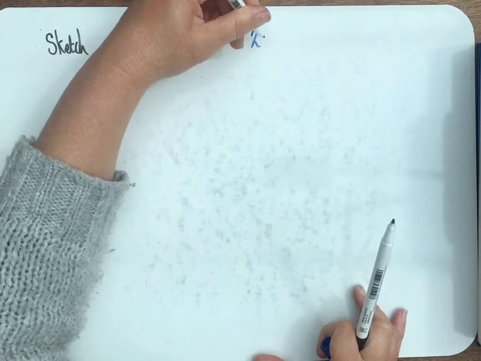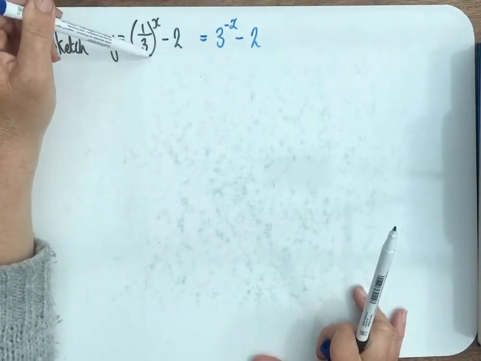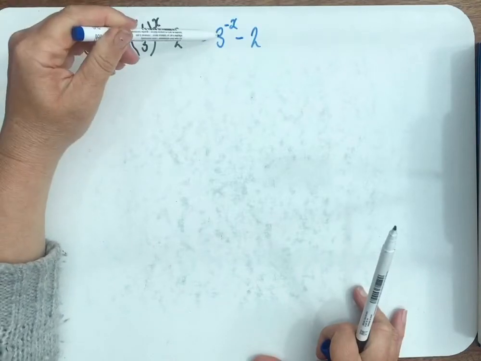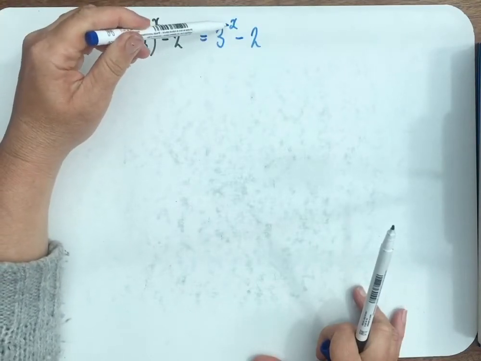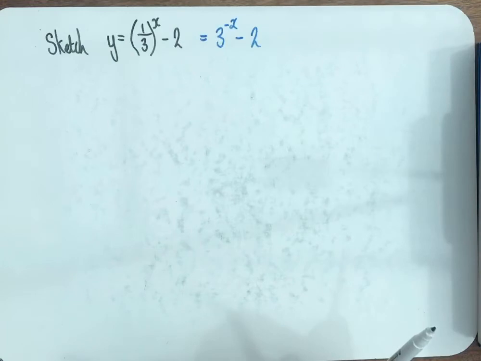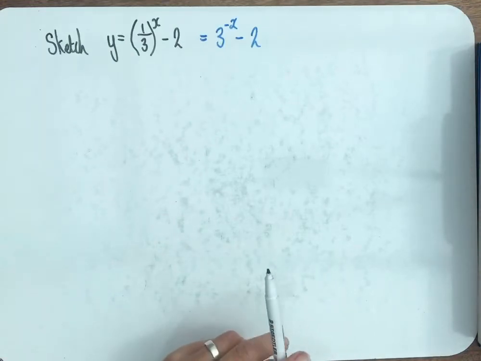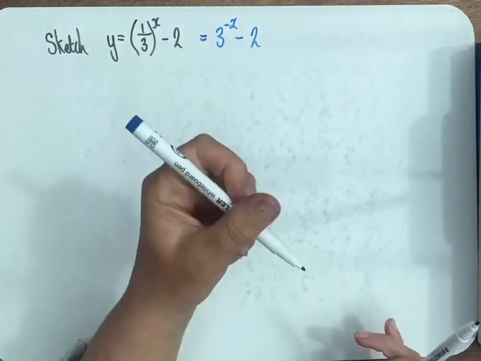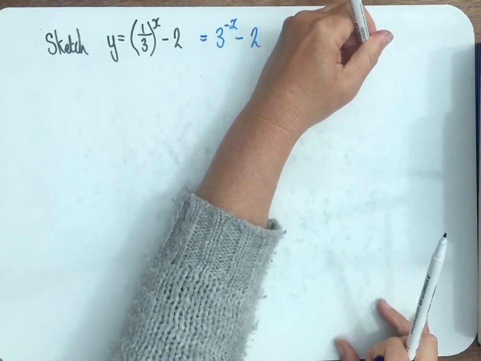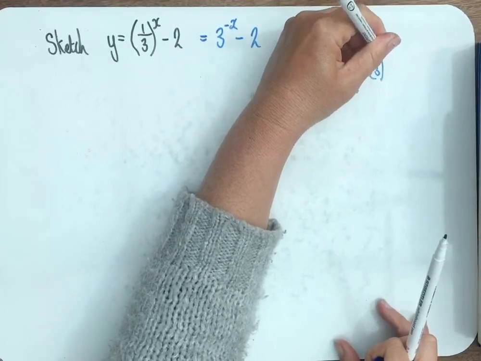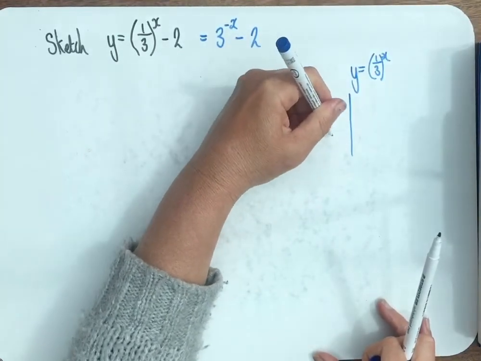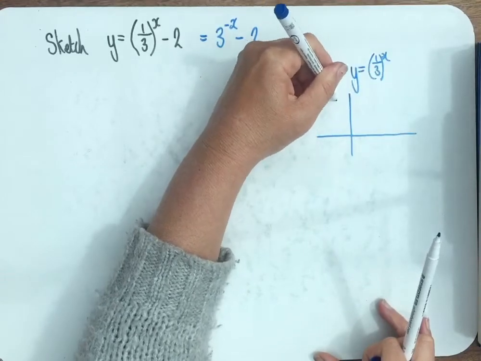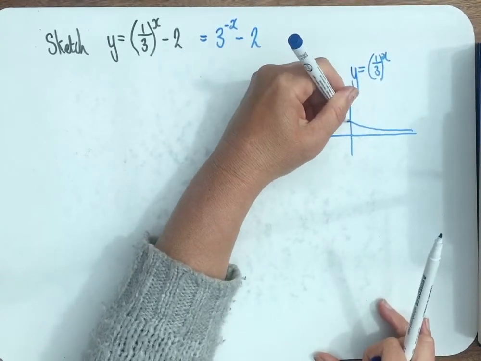So you could write that as a number 1 over a third, which gives you 3 to the power of minus x. So 3 to the minus x, or a third to the x, is exponential decay. So that one there is coming down through like so.